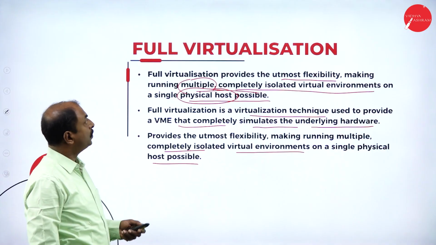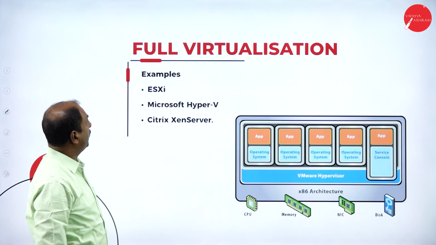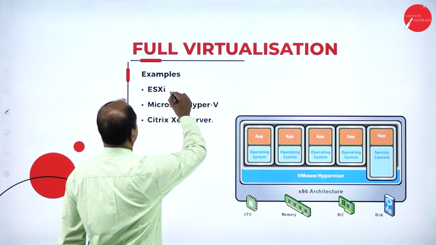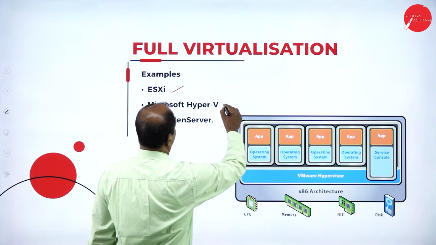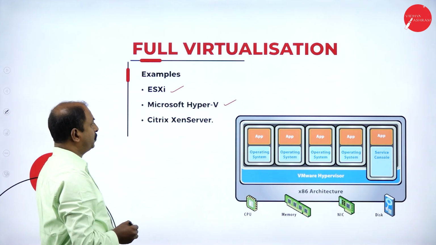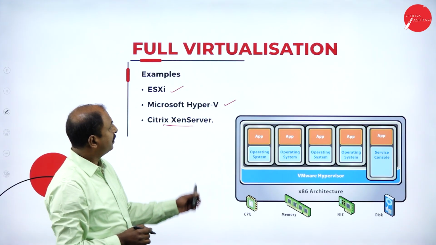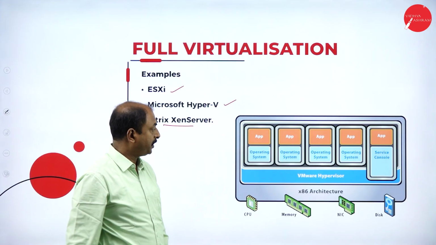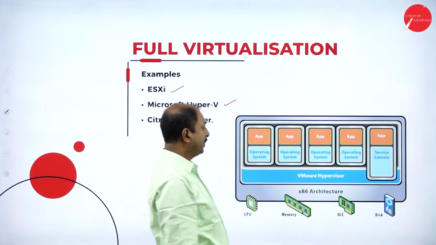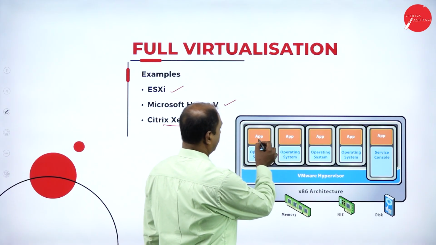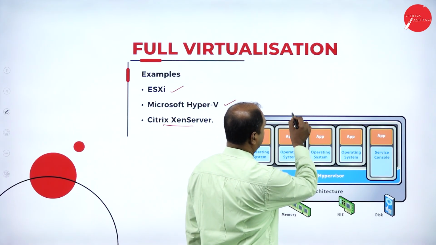So this is about full virtualization, and examples for this are ESXi, Microsoft Hyper-V, and Citrix Xen Server. These are all different virtual machines. If you look at the diagram here, these are the operating systems, and this is the application.